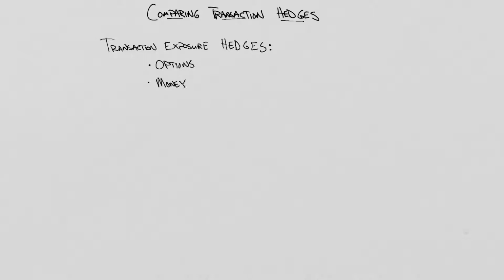We can do a slightly convoluted strategy by using money market investment accounts or borrowing money in the money market. And then there are forwards, the forward market hedge, or its equivalent if we're trading on an exchange, a futures market hedge.